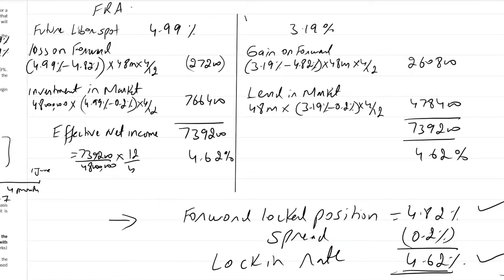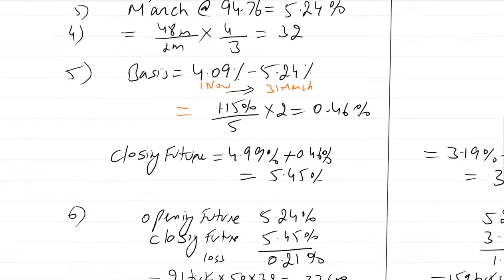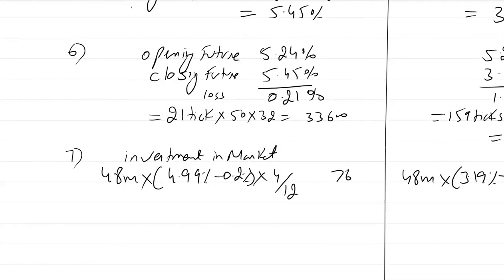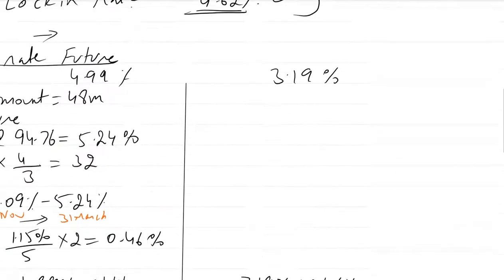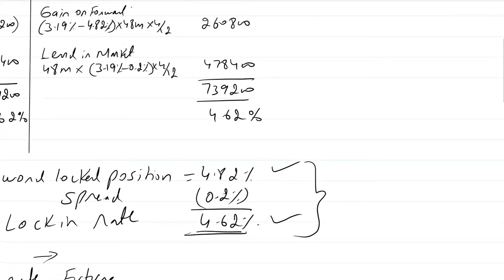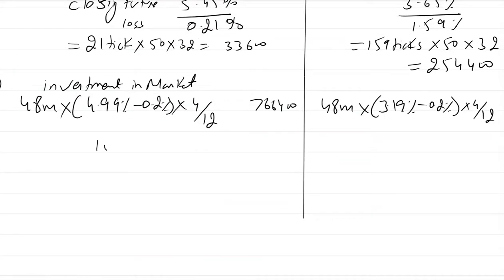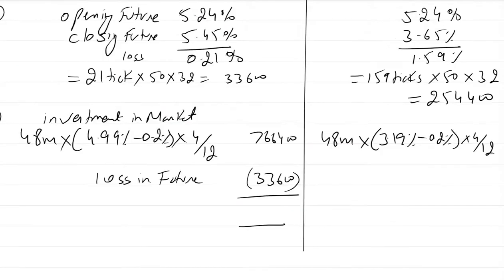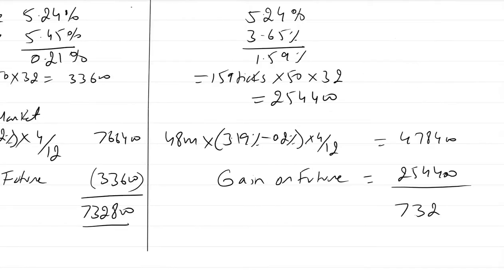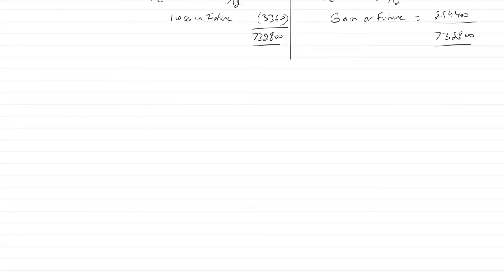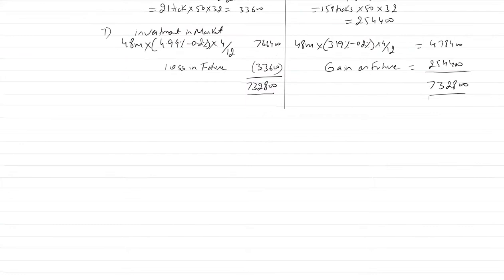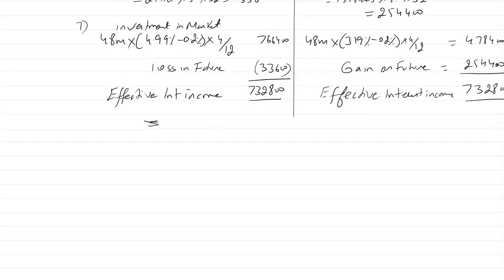It's 766,400, and here it will be 478,400. Okay, and loss in future is, so effective income will be, gain on future is, this will always be the same. So this is effective interest income. You can convert this into percentage.